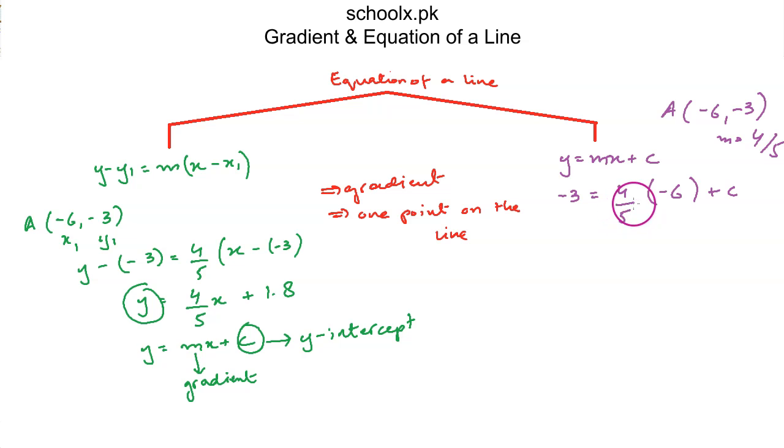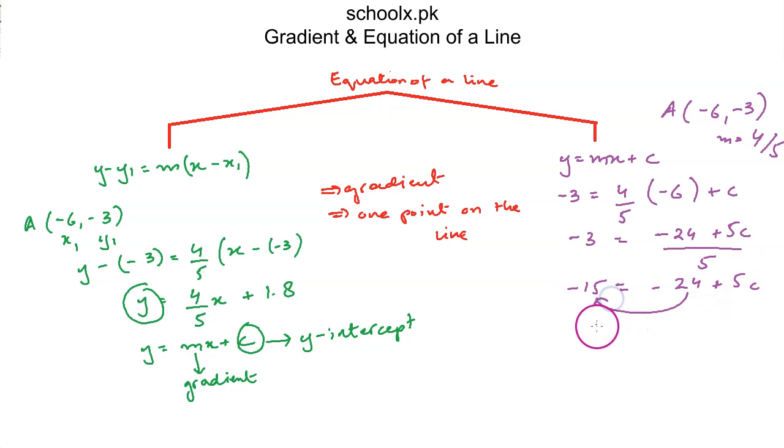Solving for c, you will get negative 3, negative 24 plus 5c over 5, right? So negative 15, negative 24, positive 5c. If I bring this here, I'll get positive 9, 5c, and c is 9 by 5, which is 1.8.